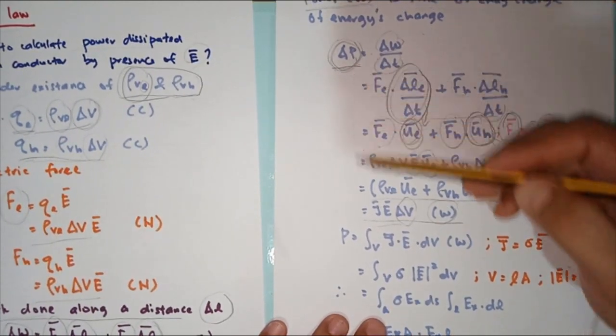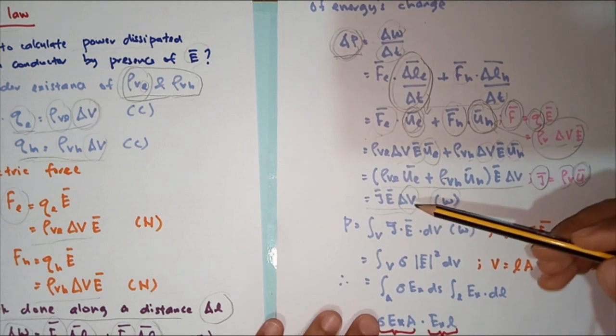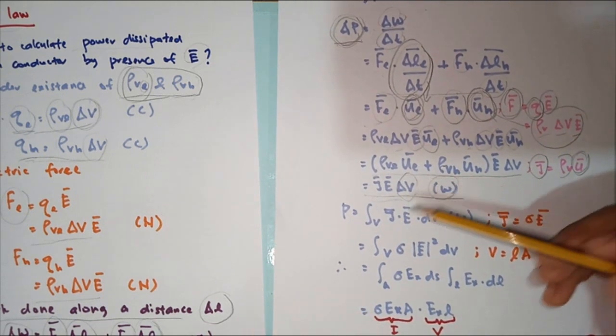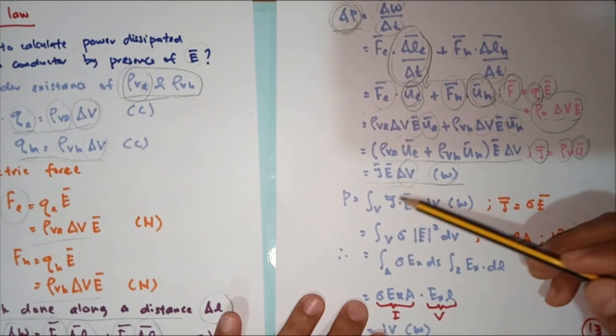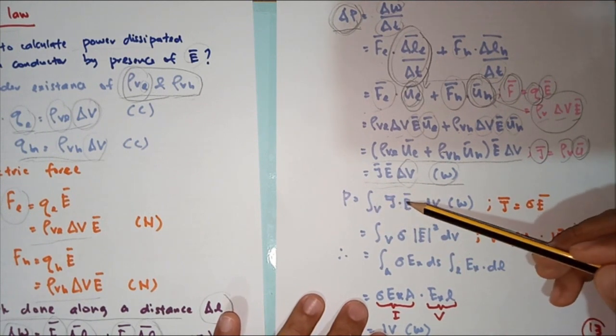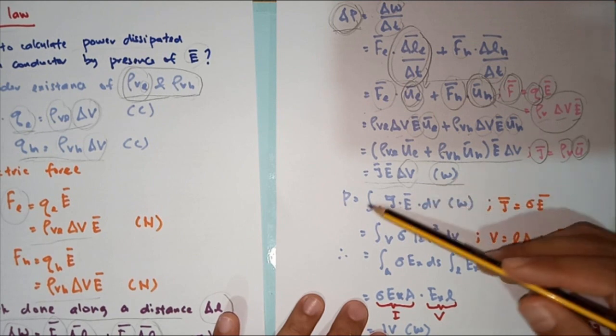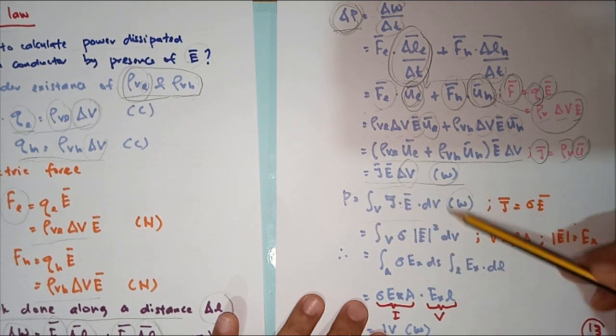In order to solve this equation, we need to integrate it. Then we will have P is equal to the integration over volume of vector J dot vector E dV, and the unit for this expression is watt.